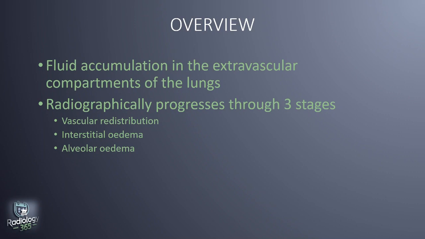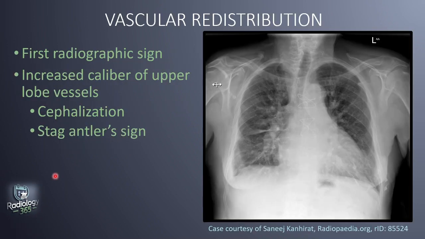The radiographic severity of pulmonary edema typically progresses through 3 stages, and these stages correspond progressively to increasing pulmonary venous pressures. Now, vascular redistribution is the first radiographic sign of increased pulmonary venous pressure. On imaging, we'll see that the upper lobe vessels would have a larger caliber or even an equal caliber to the lower lobe vessels.